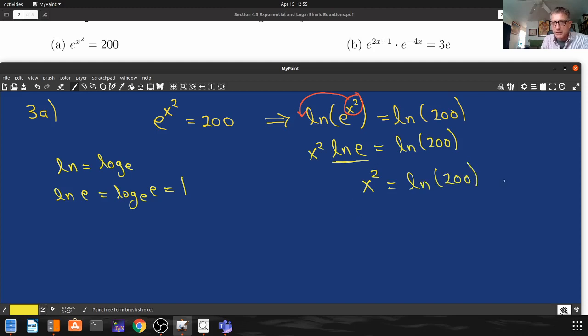Now I just take the square root of both sides, and I get x is equal to plus or minus the square root of the natural log of 200.